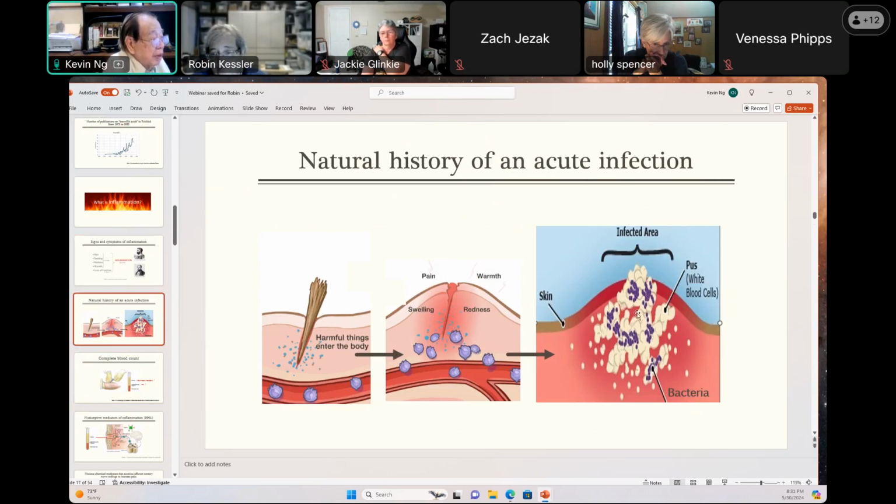When the pus comes out, the wound heals by itself. Now, what we doctors are interested in is what causes pain, swelling, redness, and warmth. In the olden days, we don't know anything about it until the microscope came into being. And then biochemists come in, pharmacology come in.